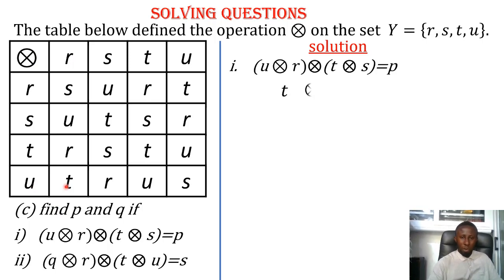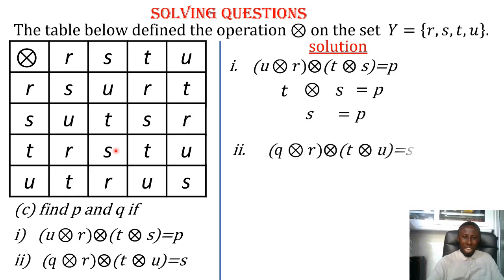Then the operation sign will come. Then T operation S is S. So T operation S is S. So that's our S equals our P. We wanted to find P. Therefore, T operation S again, it's S, right? We check, it's S. So that's P. Therefore, P is equal to S.